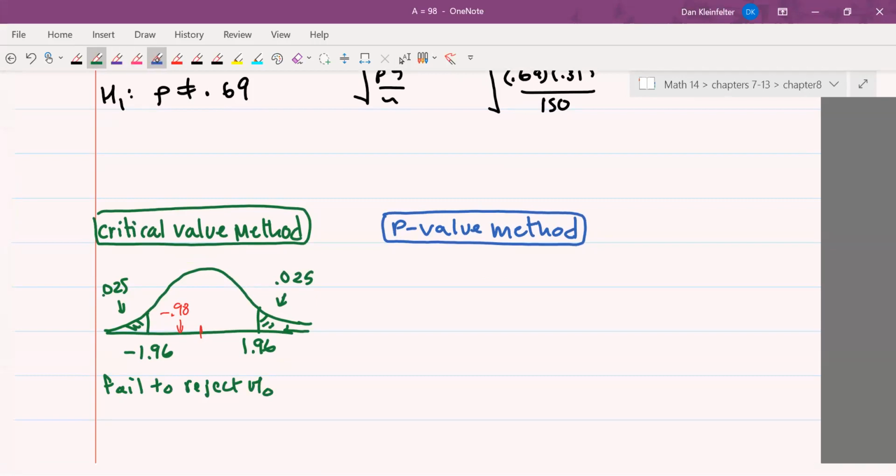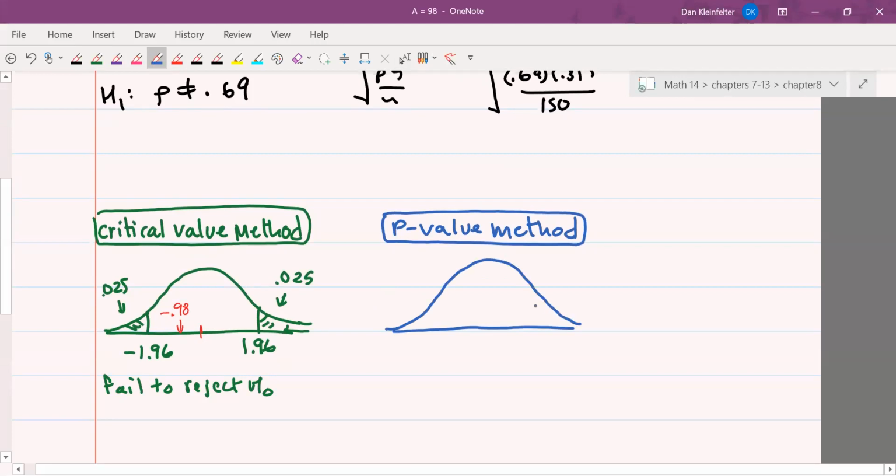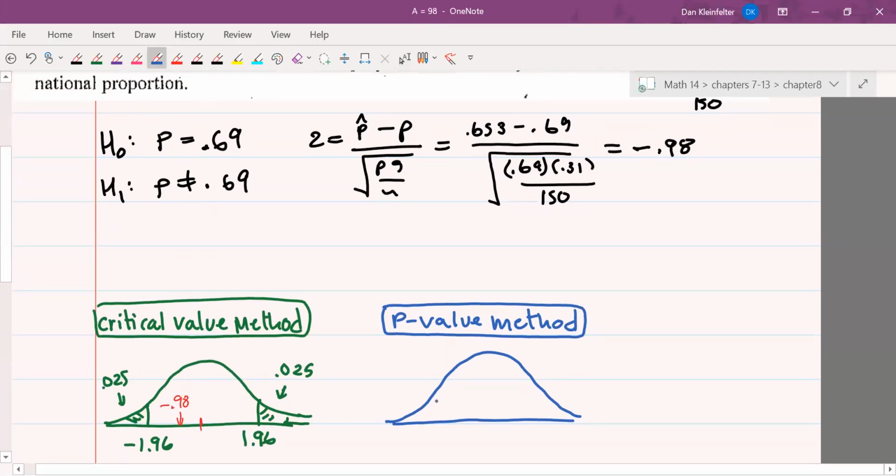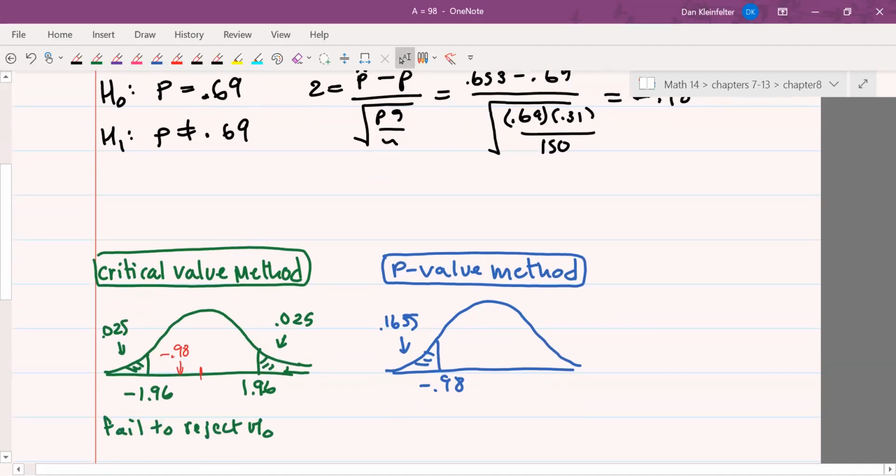Okay, and then we also want the p-value method. So for the p-value method, our test statistic was negative 0.98. So the area to the left of negative 0.98 is 0.1635. Okay, this was a two-tailed test though, right?